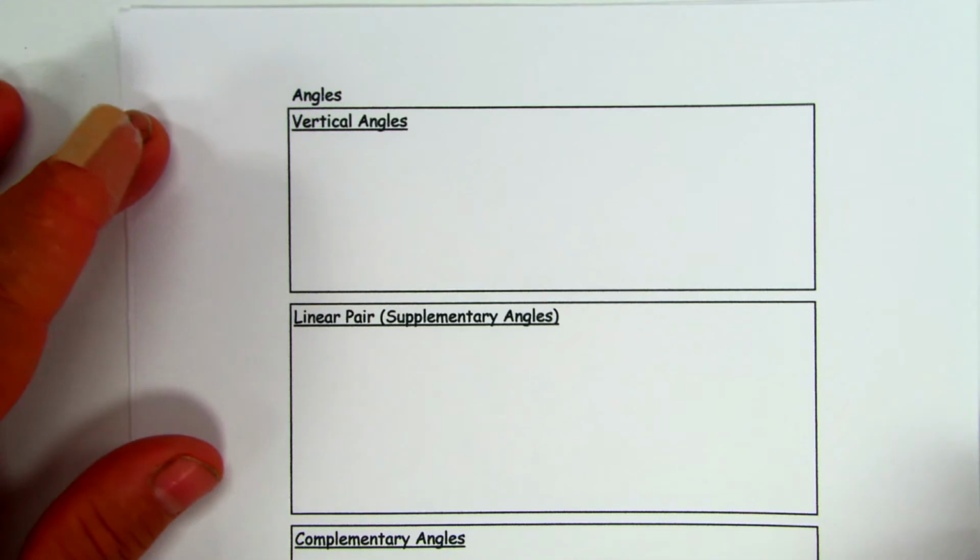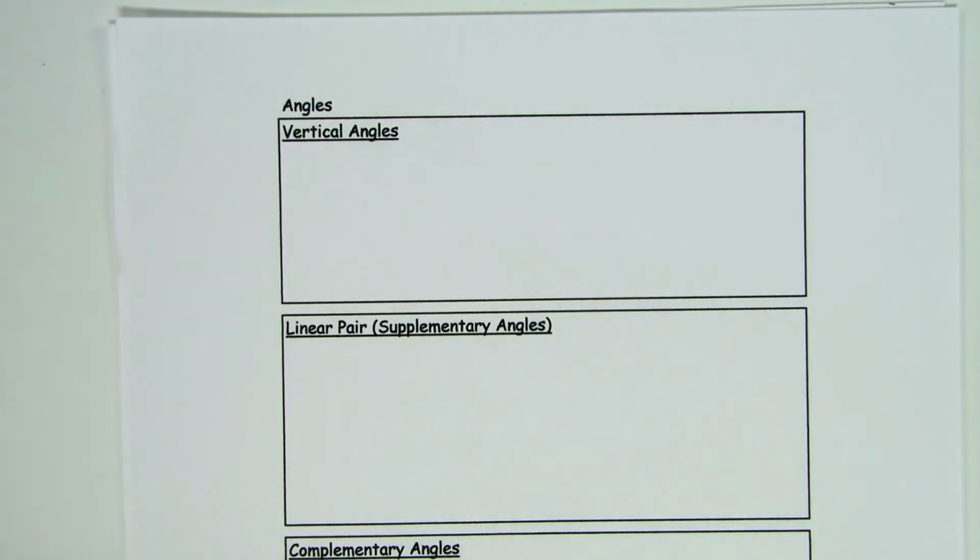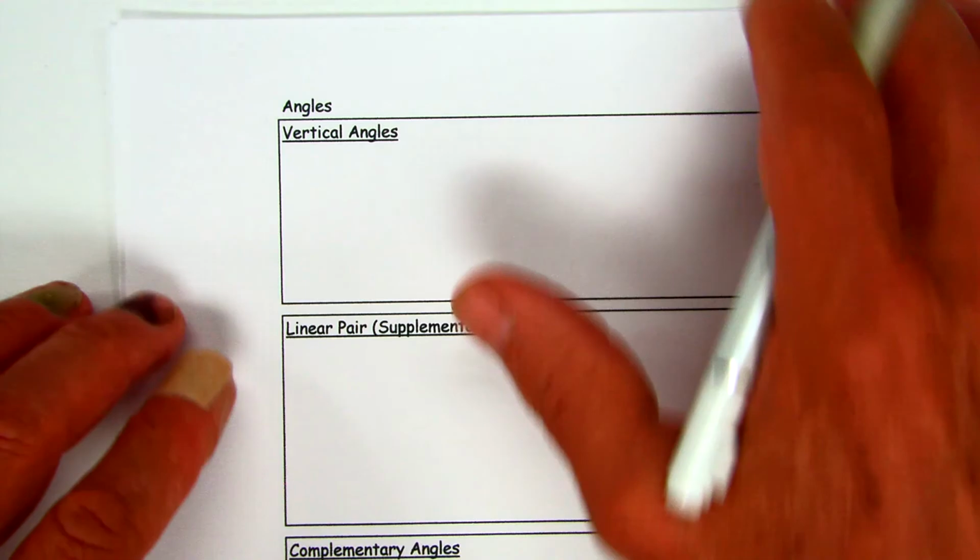Now, let's look a little bit at angles. Geometry is all about angles. So firstly, we'll talk about vertical angles.